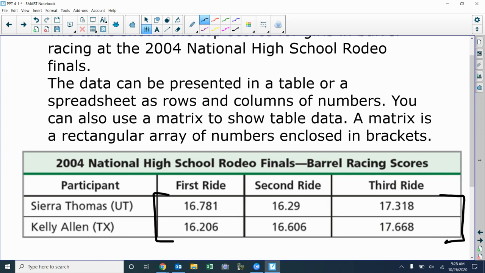So this one right here has some rows and columns. So it has 1, 2 rows, it has 1, 2, 3 columns. So we're always going to name it row by column. So this is a 2 by 3. So rows, columns, always, that's one of the major things we need to write down today.